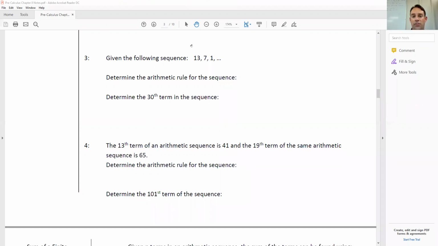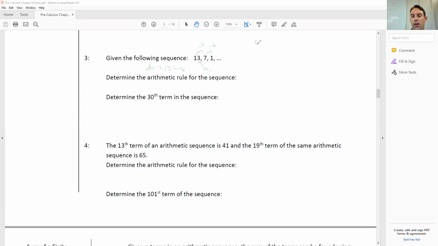First up, it looks like I'm subtracting 6. Yeah, that's the common difference. It is arithmetic. So d equals, the other way to do it would have just been second term minus the first term. So I'm going down. And the very initial value here is my a sub 1 value.